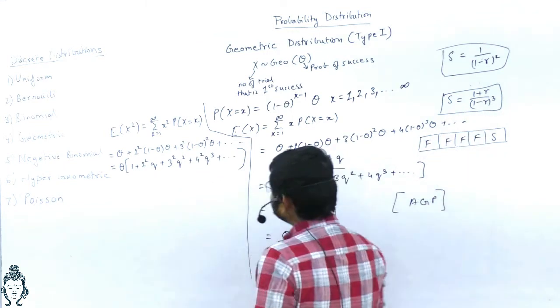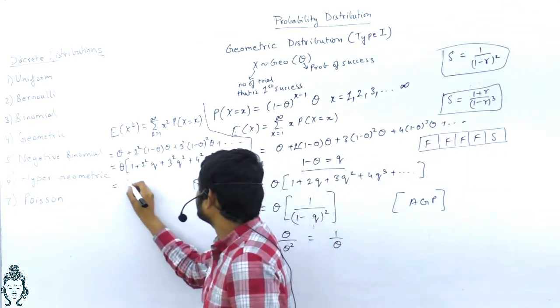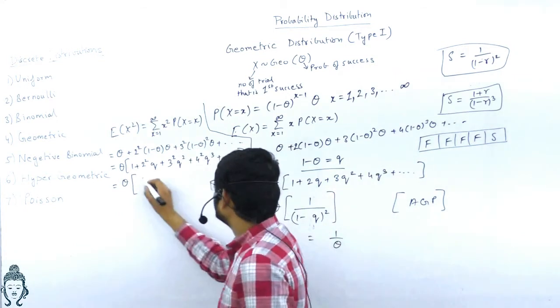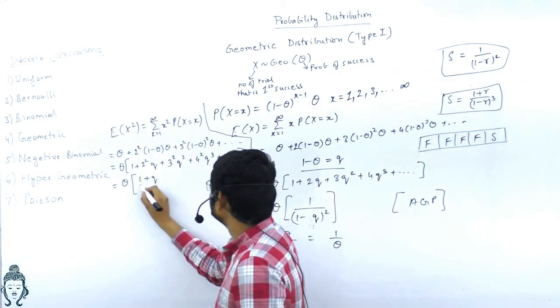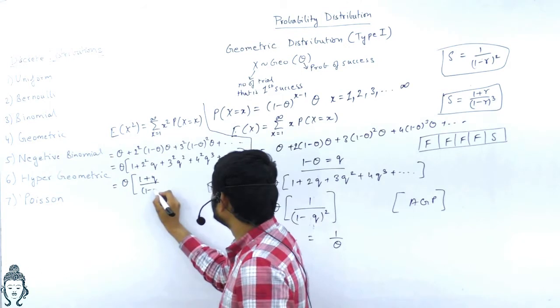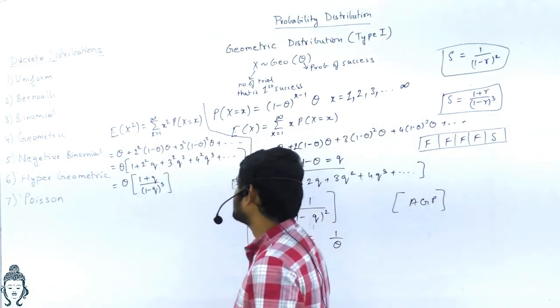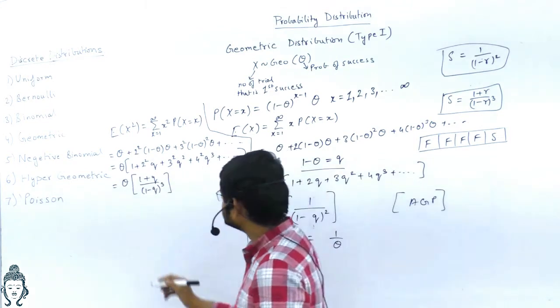Again, this is the special series that we just found out. S was nothing but 1 plus q upon 1 minus q whole cube. Again, q is nothing but 1 minus theta.